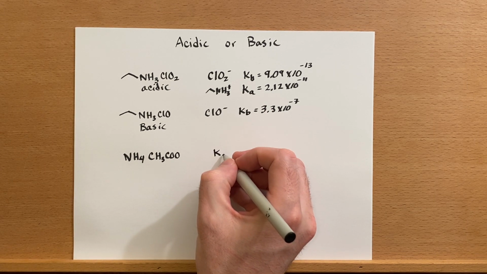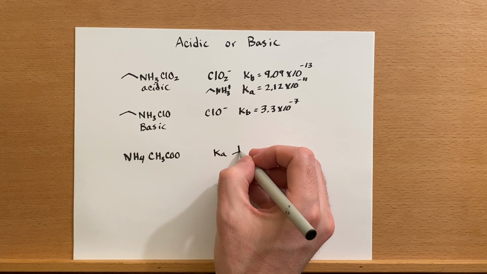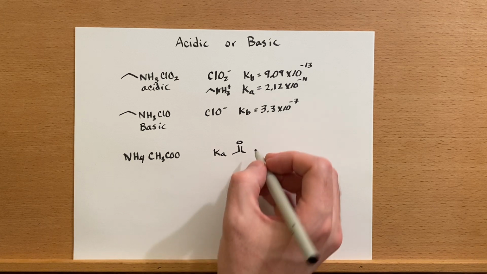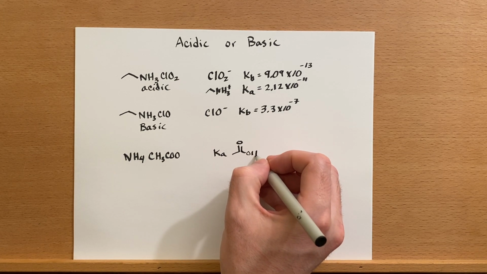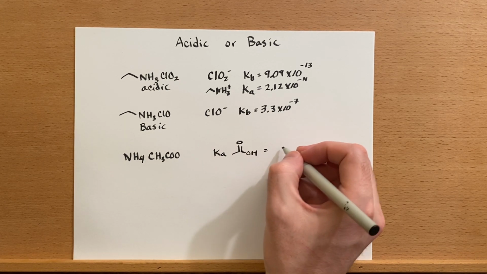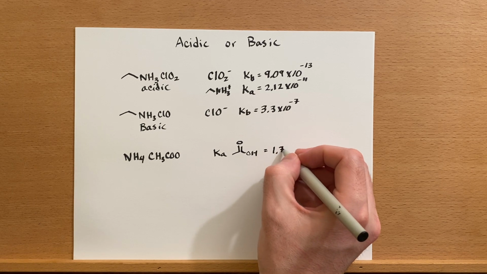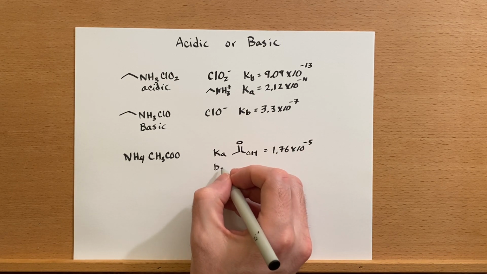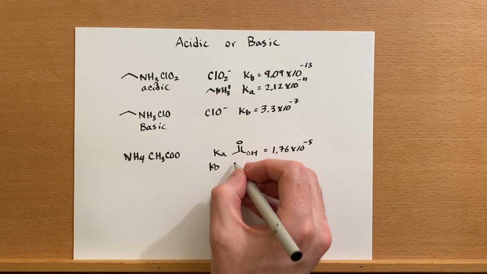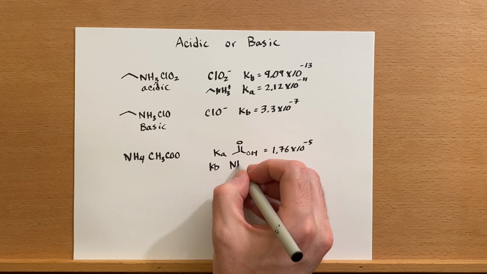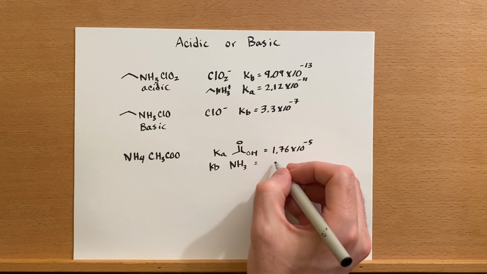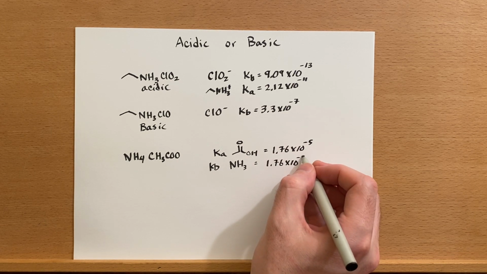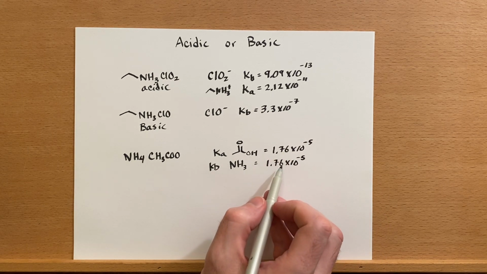So Ka for the acetic acid, which, this is not acetic acid, this is the acetate, but we can think about this, is 1.76 times 10 to the minus 5. And the Kb for ammonia is also 1.76 times 10 to the minus 5. Same value.